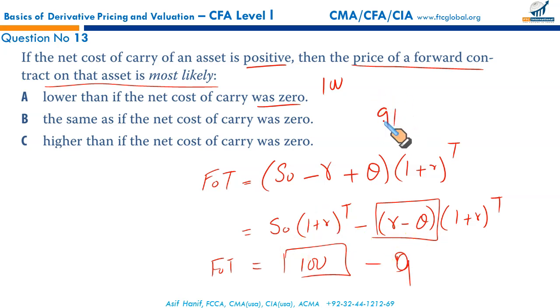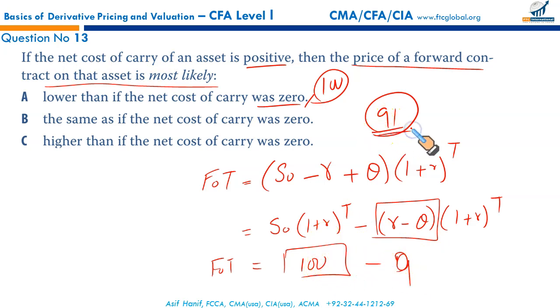So it's just verbosity, he just played with the words. So if the net cost of carrying of an asset is positive, then the price of the forward contract on that asset is most likely lower than if the net cost of carry was 0. So if net cost of carry was 0, the forward contract has 100 value, and if the net cost of carry is 9 in our example, positive, that positive needs to be deducted from 100.